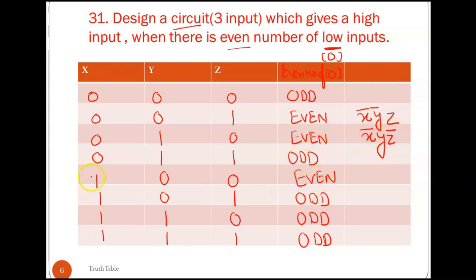For even again, for 1 it is X, and for zeros it is bar. So we have X, Y bar, and Z bar. So these 3 expressions are there. Please check it again. It is X bar, Y bar, Z, X bar, Y, Z bar, and X, Y bar, Z bar.